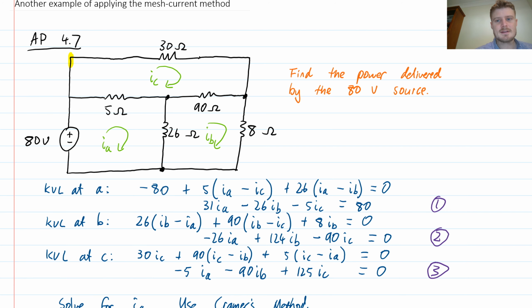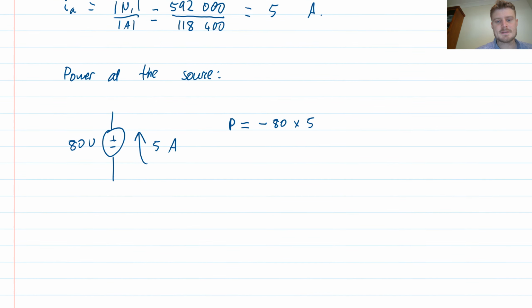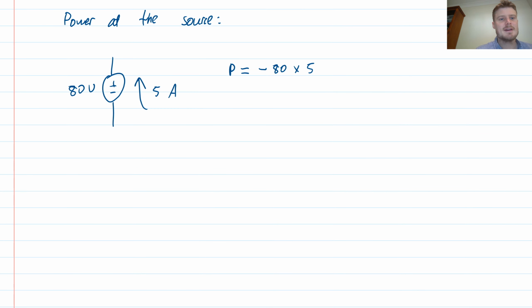There's nothing else here that can possibly be acting as a source. So negative 80 times 5, 5 8's are 40, so this is minus 400 watts. So we have power here of 400 watts, therefore 400 watts is delivered.